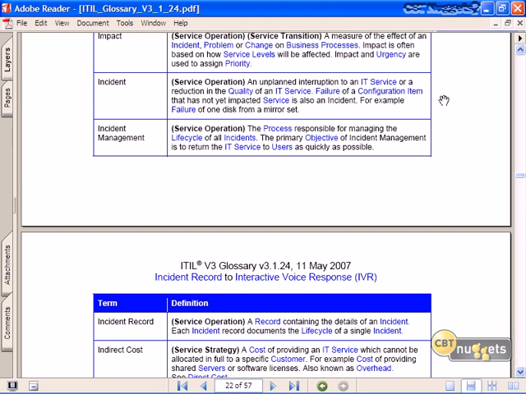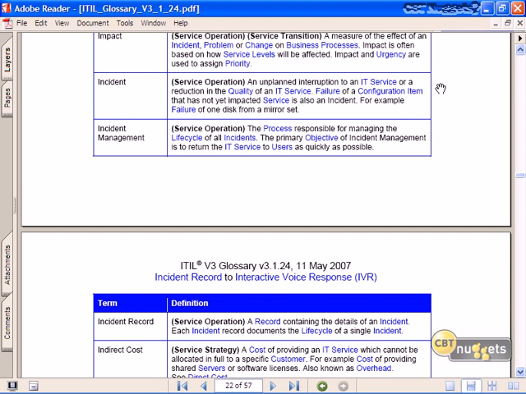Well, an incident is an unplanned interruption to an IT service or the reduction in the quality of an IT service. An incident is also the failure of some configuration item that has not yet impacted your IT service. For instance, the failure of one hard disk from a mirrored set.